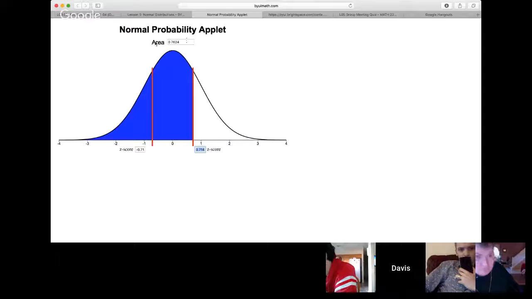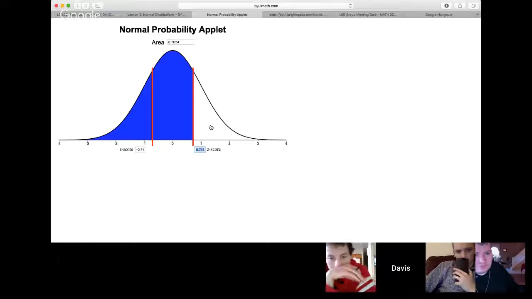And then we're going to take the area, the probability that a score is going to land less than 0.714, which is 0.762. And then we're going to take everything less than the other one. So we're trying to find the z-score for 0.60, which we found was negative 0.714.